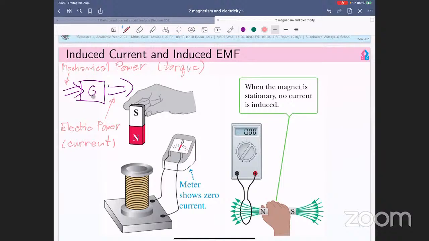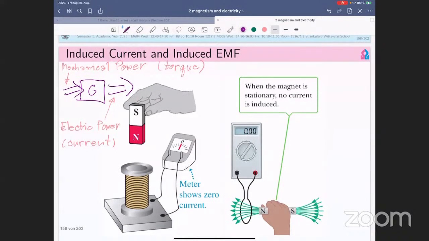That's the whole story about this chapter, and let's take a look first at the simplest case of the generator, the idea before we reach the whole structure of the generator. Here you have the permanent magnet, and this is the south pole, this is the north pole. You know that the magnetic field line starts from the north pole to the south pole, right?